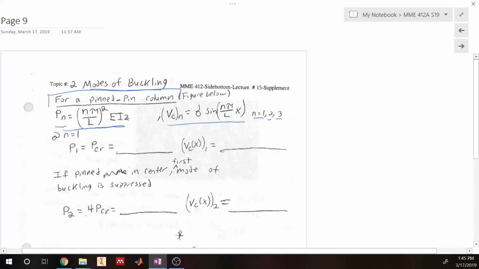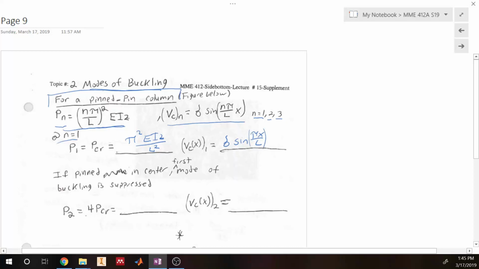So for the first mode of buckling, or when n is equal to 1, we can say that the critical load is equal to pi squared times E I z over L squared. For the shape of that first mode, we can say it's equal to delta sine of pi x over L.